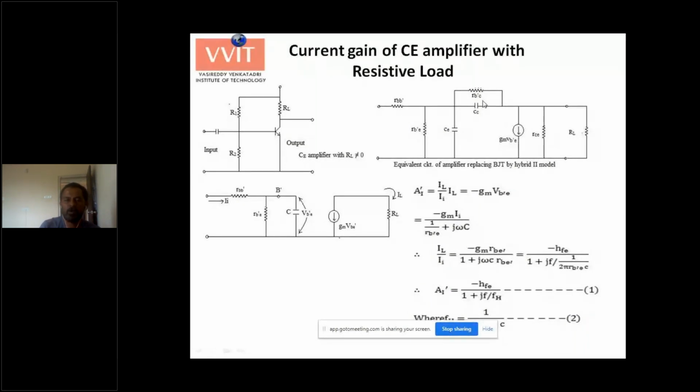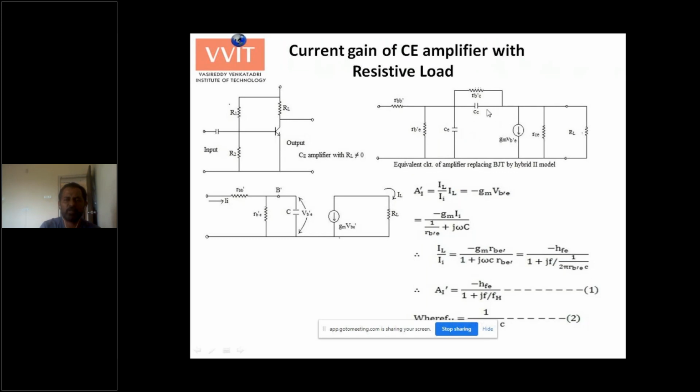Now, in the previous problem, the output was short circuited, so the analysis becomes quite simple. Now there is a load here. That means if this capacitor and resistor stay in this place, the analysis becomes rigorous and takes a lot of time.